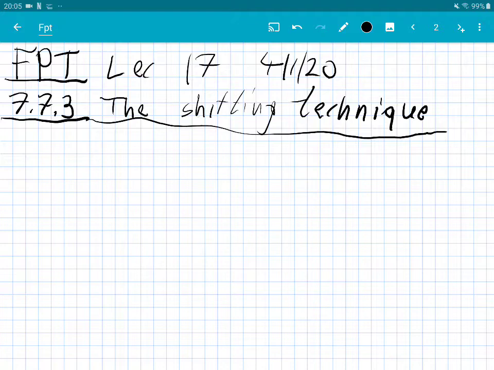Okay, so the first building block, I would like to speak about the planar separator theorem, which we already mentioned.